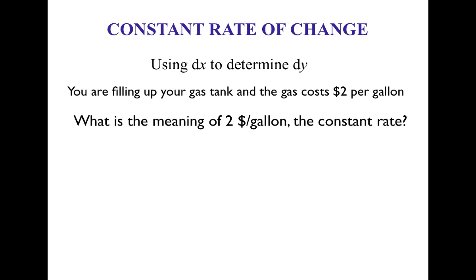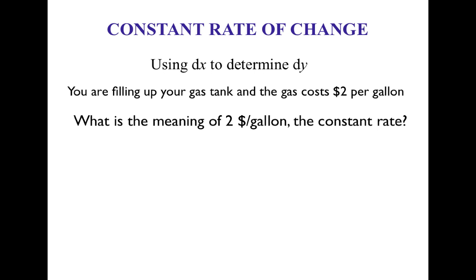You're filling up your gas tank. Gas costs $2 per gallon. What's the meaning of $2 per gallon, a constant rate of change? Ryan: For every gallon, it costs $2. Fern, what do you think? Here's the problem: for every.